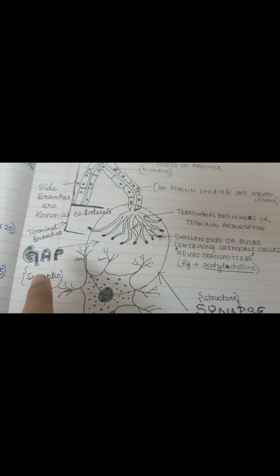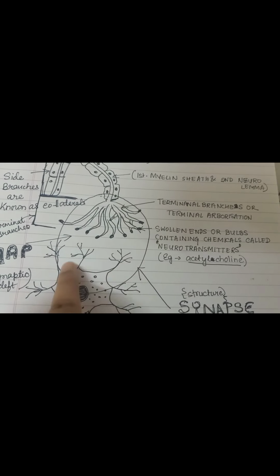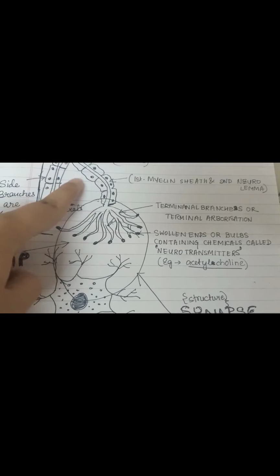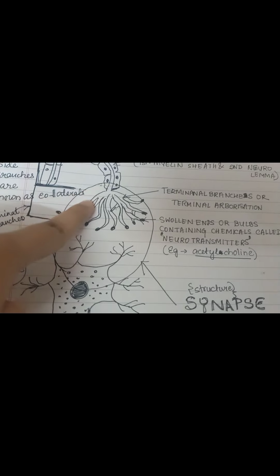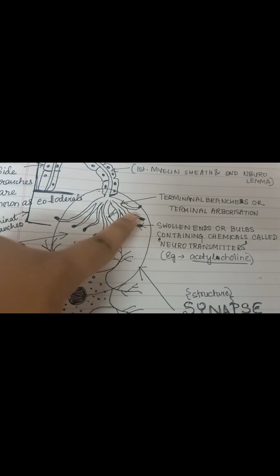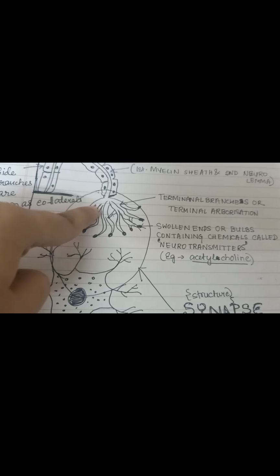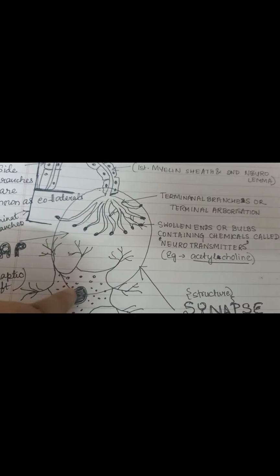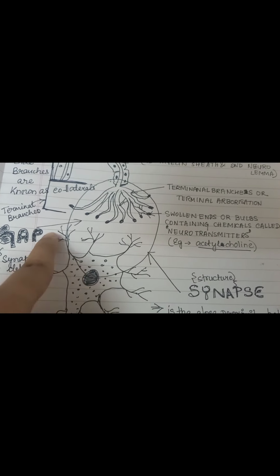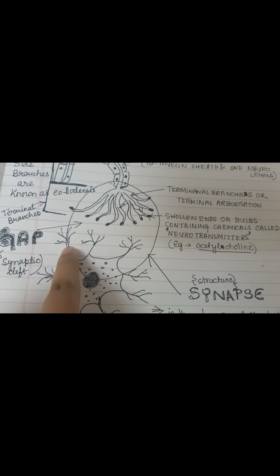People get confused over synaptic cleft and synapse, but the synapse is the structure which consists of the terminal arborization or the terminal branches of a particular axon transmitting the nerve impulse to the adjacent neuron through the dendrites, which I have referred to in the previous video.